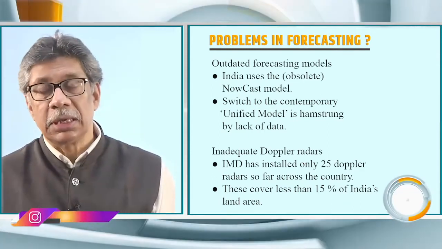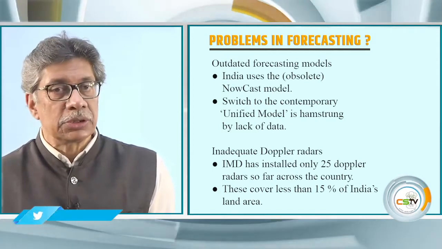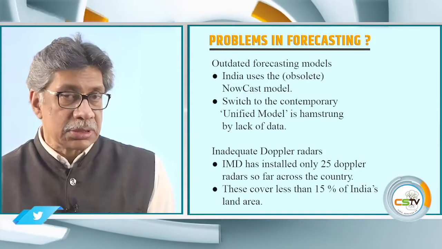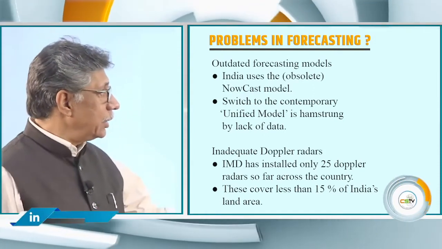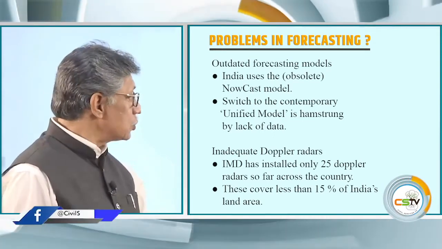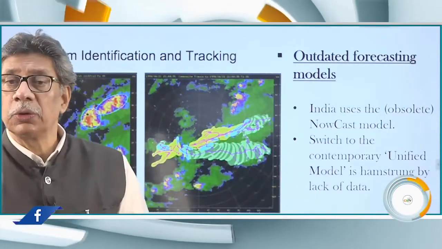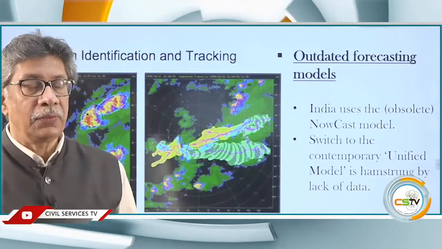This requires that thunderstorms be predicted. Now, the prediction of the thunderstorm is hampered by the fact that we have outdated forecasting models. India uses the obsolete nowcast model, and we require a switch to the unified model that is hamstrung by the lack of data.